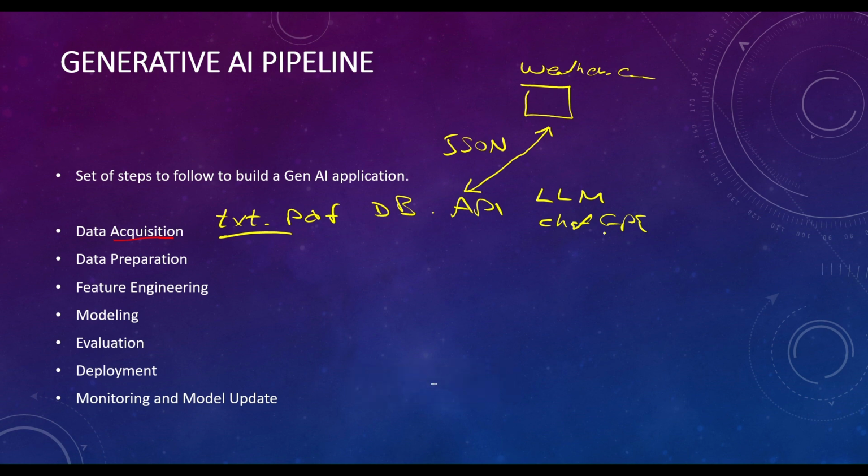That is another way of getting the data, because all of the large language models, for example ChatGPT, are trained on the data which was available on the internet, plus some of these sources as well, like text, PDF, databases, all of that stuff. So you can also ask ChatGPT to get some of the data for you.